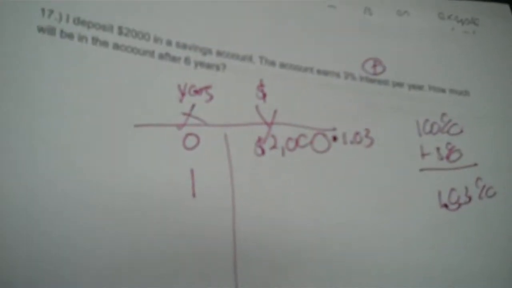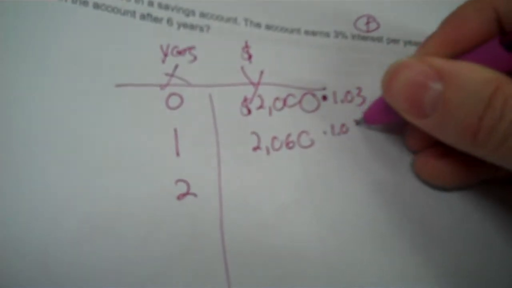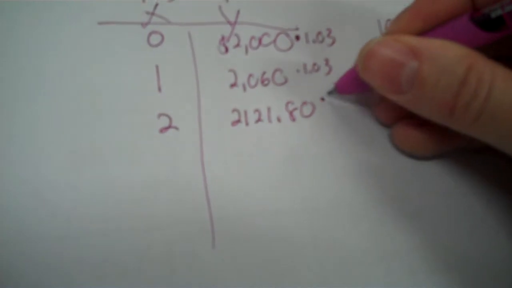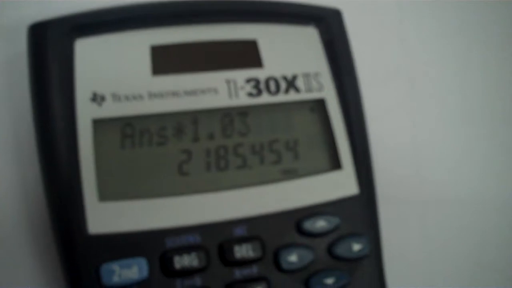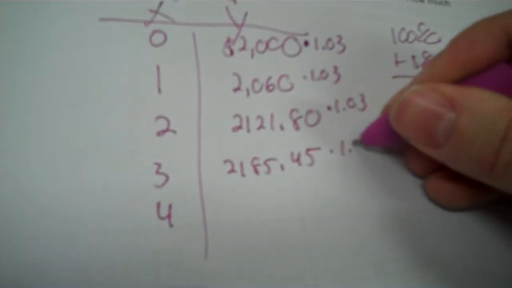Okay, 2,060 times 1.03. Remember, we can stop at 6 years. We know where we're stopping at. 2,121.80, that'd be 80 cents. 2,185.45. 2,251.02.